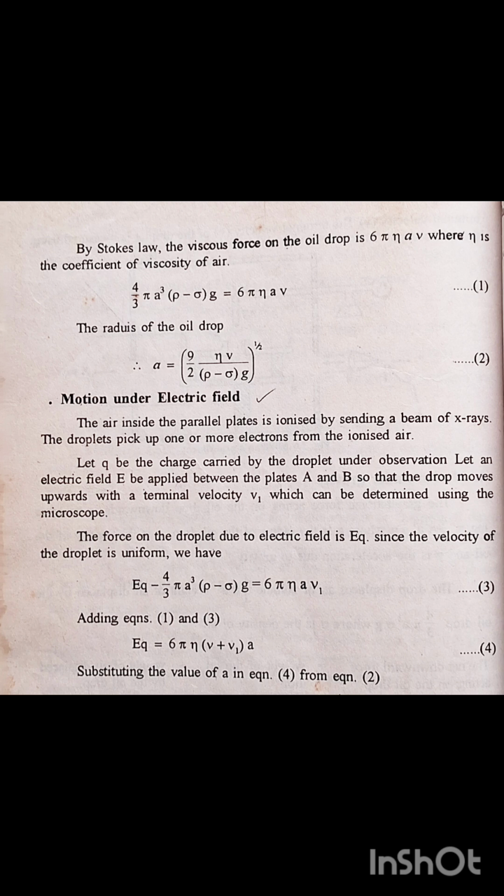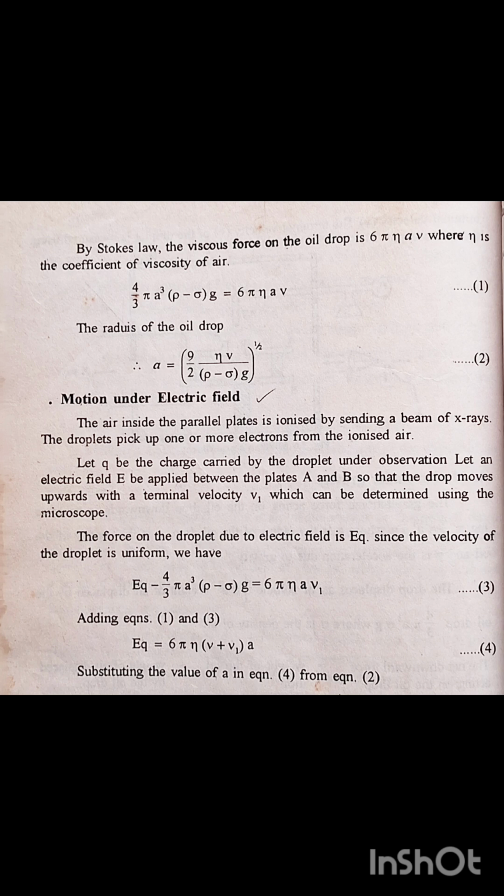Since the velocity of the droplet is uniform, we have QE minus 4/3 pi a cubed (rho minus sigma) g equal to 6 pi eta a v1. Equation 3. Adding equations 1 and 3, we get QE equal to 6 pi eta (v plus v1) a.